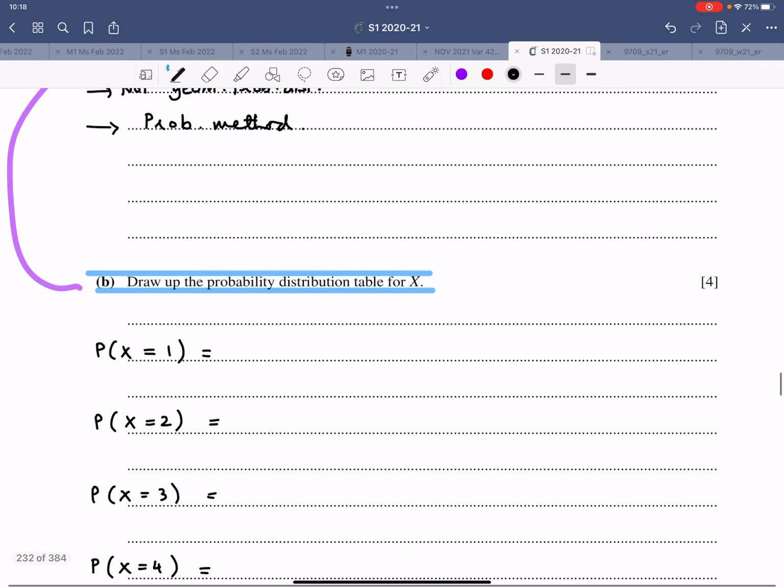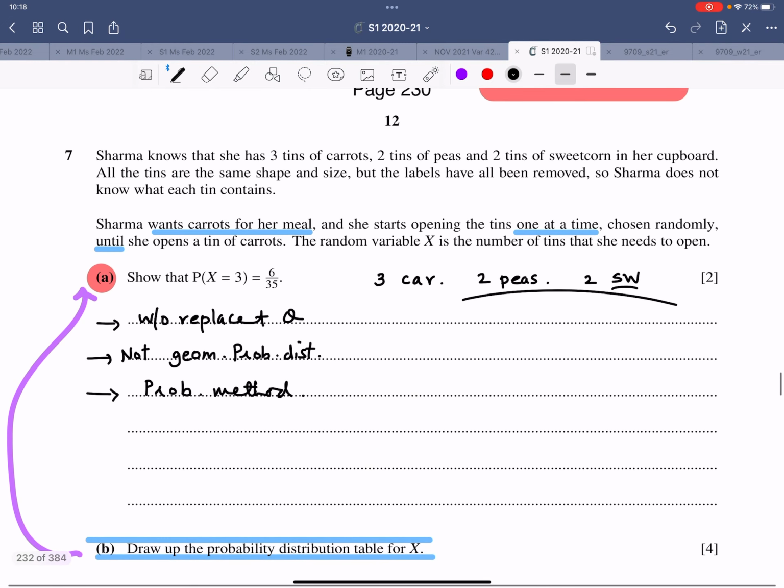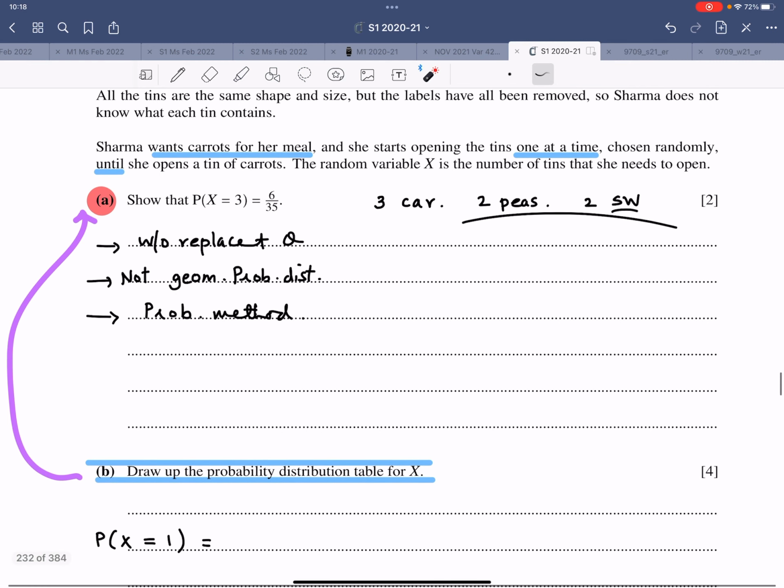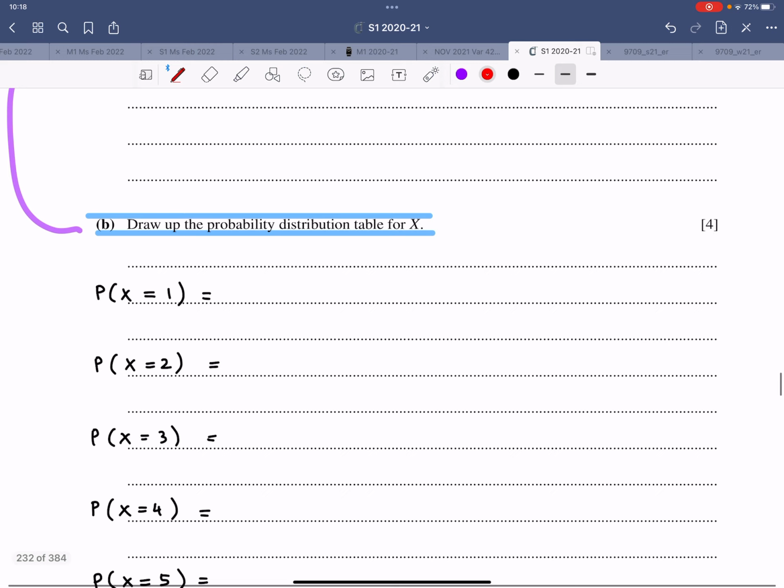Of the 4 cans that she opened, the extreme could be that 2 are peas and 2 are sweet corn. That means naturally the 5th one has to be carrot. So basically this will be categorized as 1. So 2 peas, 2 sweet corn, this is 4 others. And this is red for carrots. Okay. So now keep this in mind. So basically I have 3 cans of carrots. Is that the right spelling?